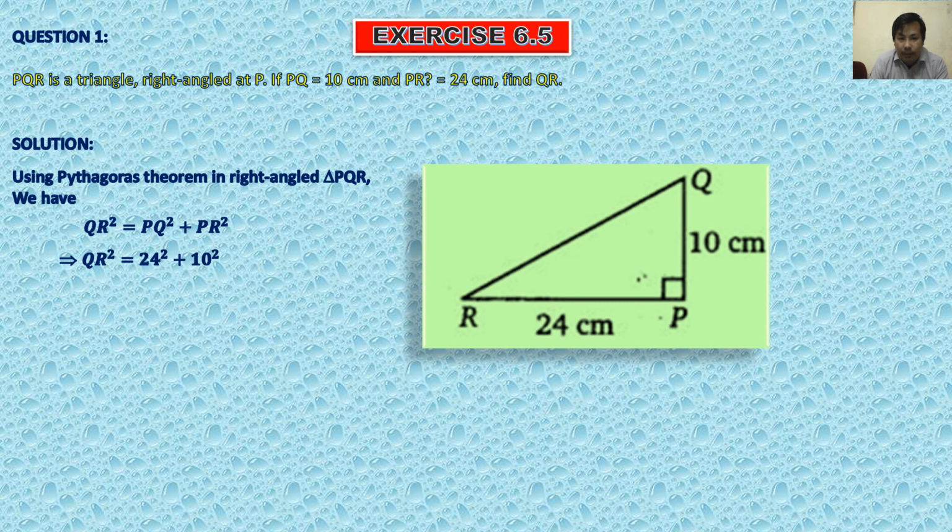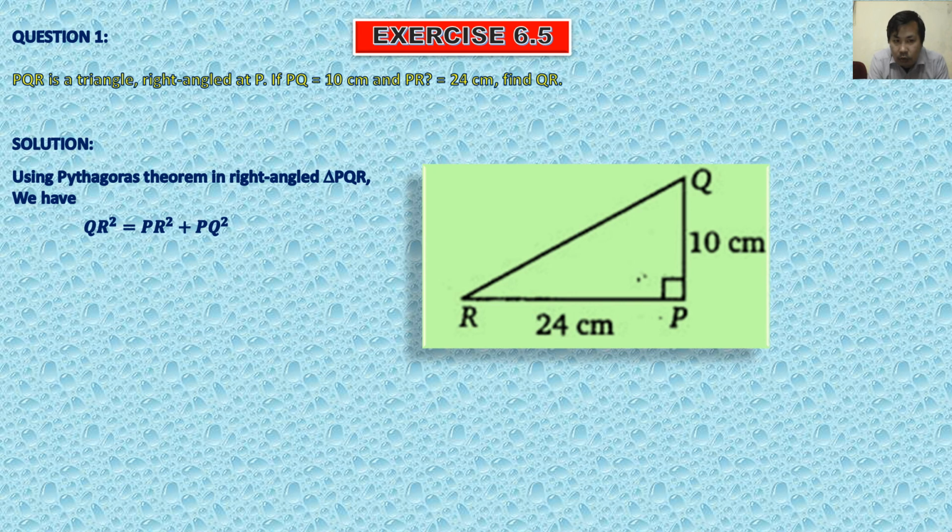You can see that PQ is not PQ. See, PQ and QR. Okay, that's what we need. Now let us see again. Using Pythagoras theorem in the right angle triangle PQR, QR is the hypotenuse.